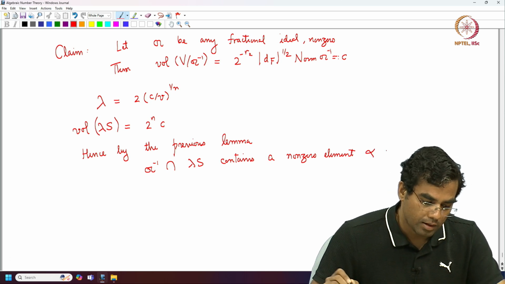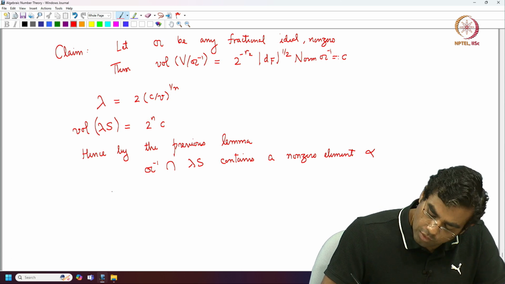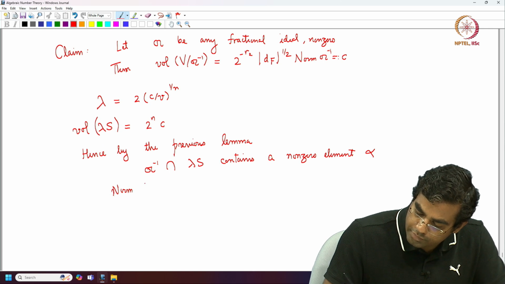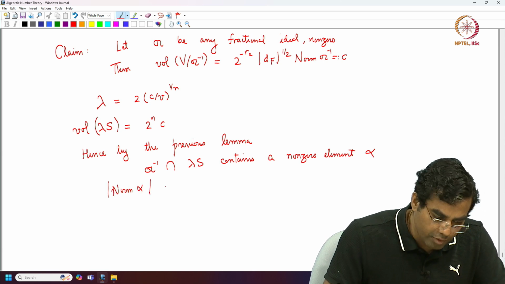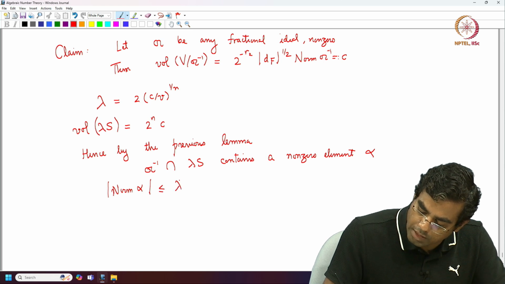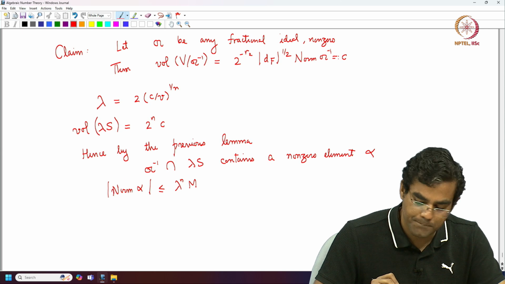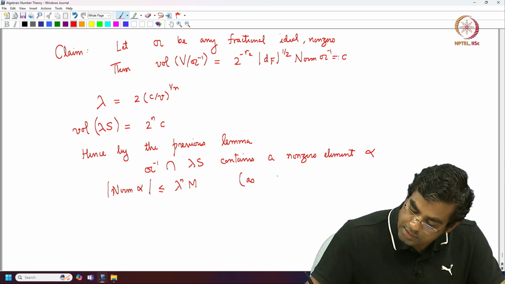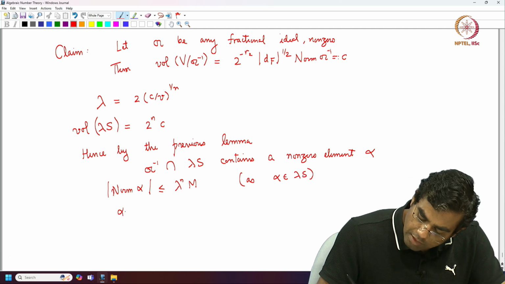All right. So, what do we know about alpha? Well, if I take the norm of alpha, because of the fact that it is contained in lambda S, I get that the norm of alpha is less than or equal to lambda to the n times M. Okay. Furthermore, alpha is contained in lambda S, but furthermore alpha times A is contained in OF.